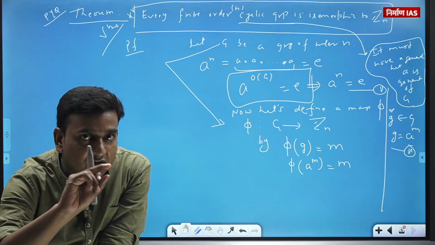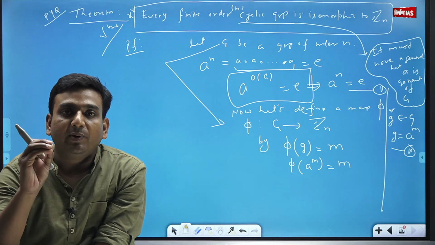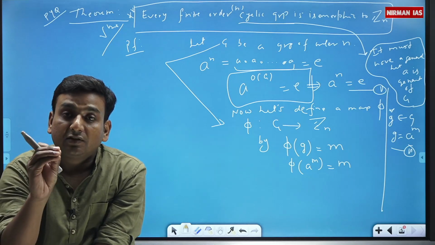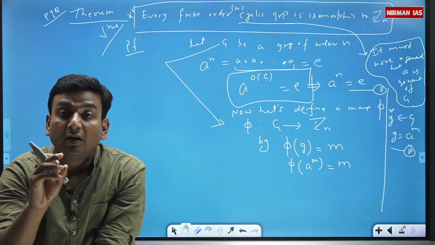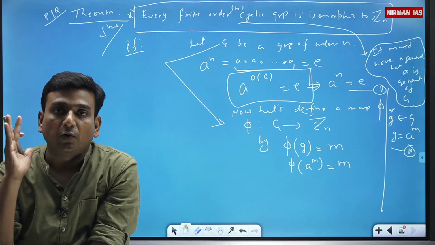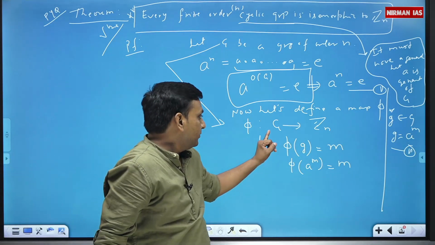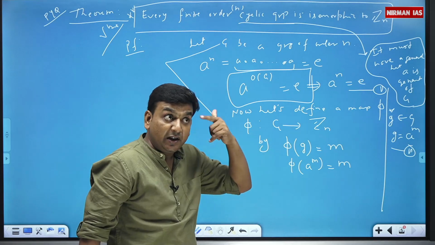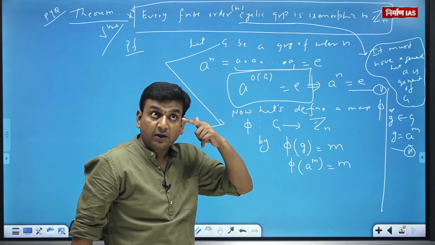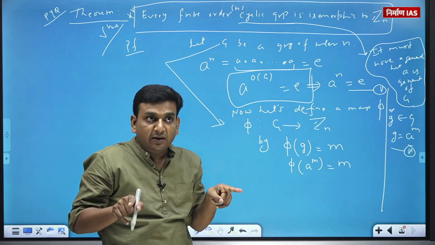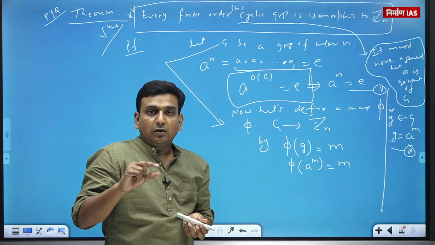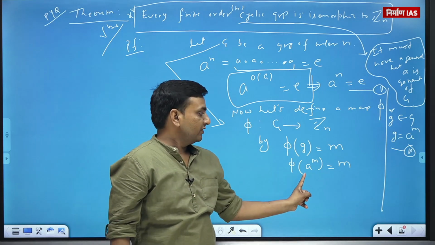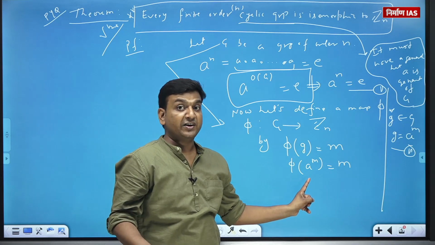This mapping or formula will be defined using the intuition or the hint given from your groups only. So I have G cyclic. Ultimately, my mind is always framed that if G is cyclic, then its elements will be powers of some element, and that element is the generator of that group.